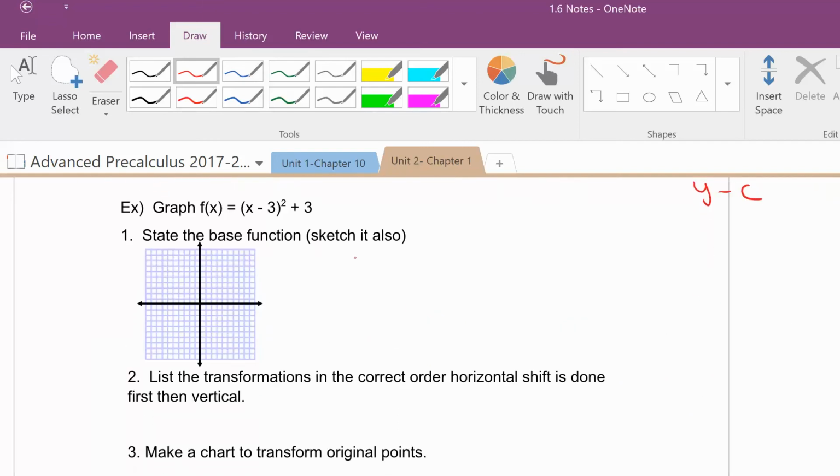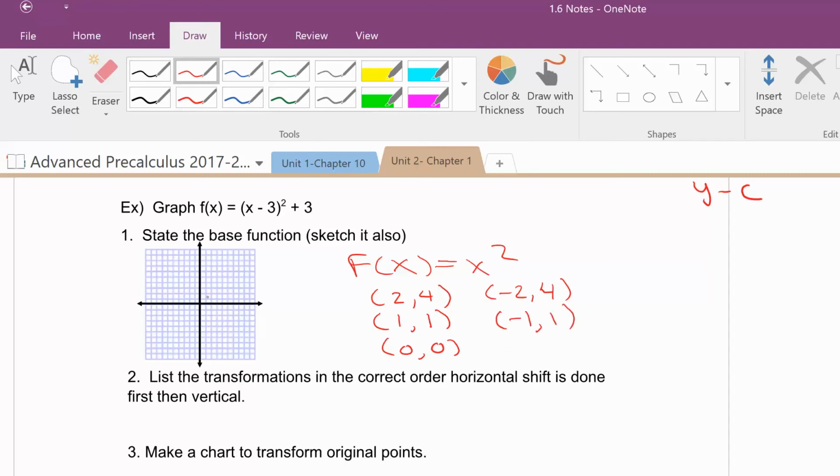So here, the base function is f of x equals x squared. Remember, our original points are 2, 4, 1, 1, 0, 0, negative 2, 4, negative 1, 1. So it looks like this. There's our original function. In the correct order, we always go horizontal first and then vertical.